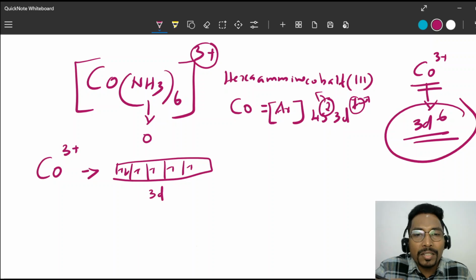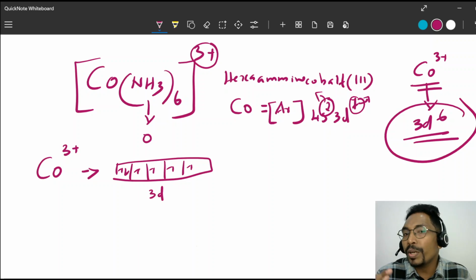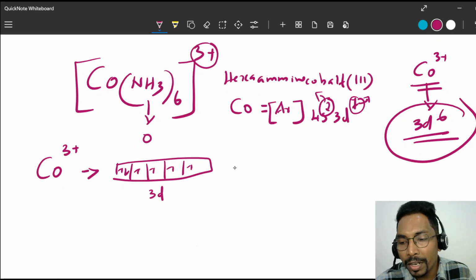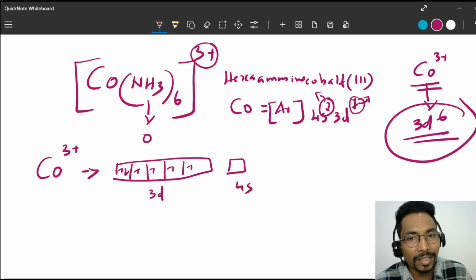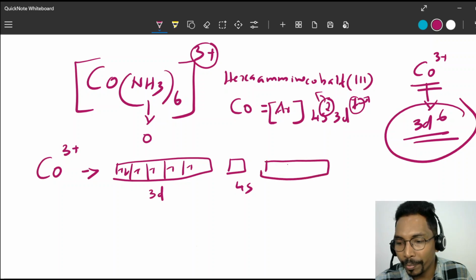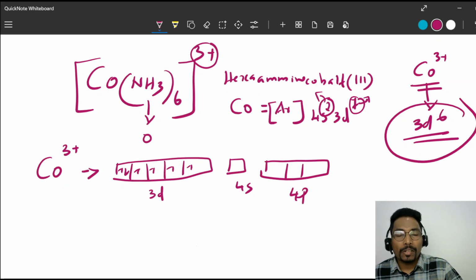And you can also mention the next coming orbitals because we need that for hybridization. After 3d, definitely it is the 4s orbital, and after 4s, 4p. So now the orbitals are ready.